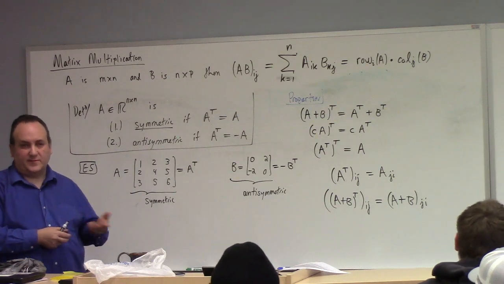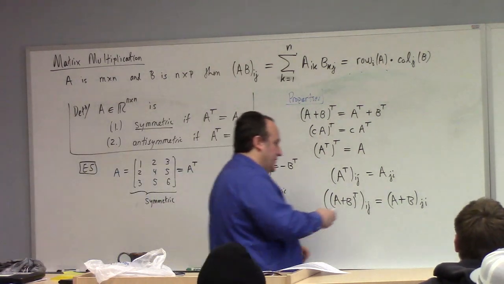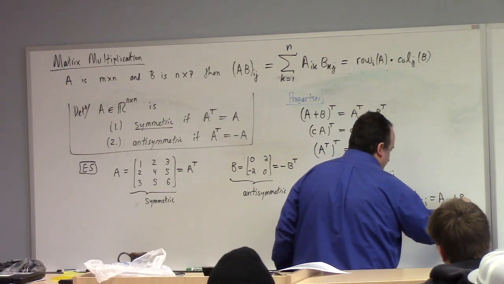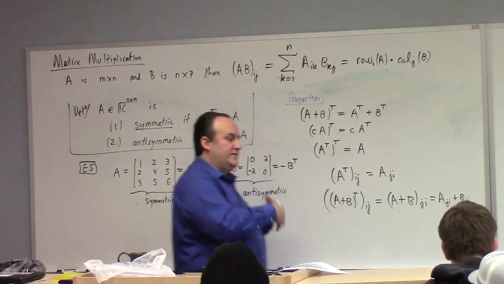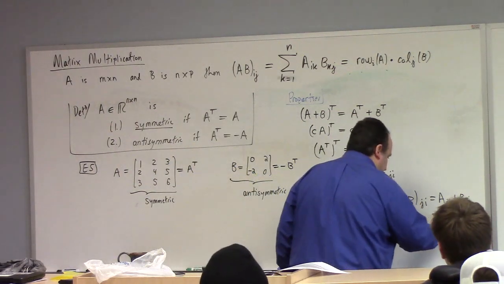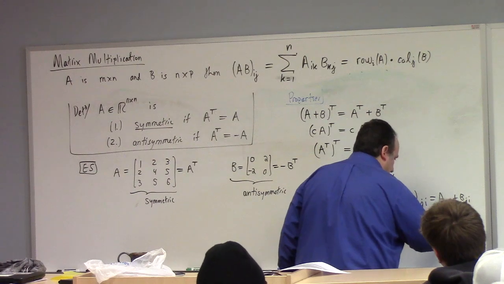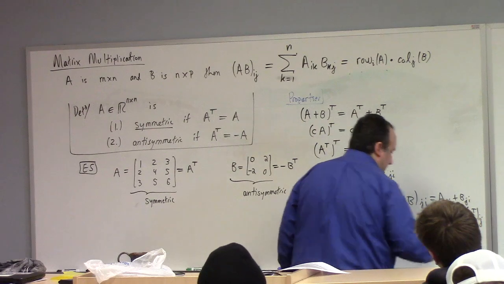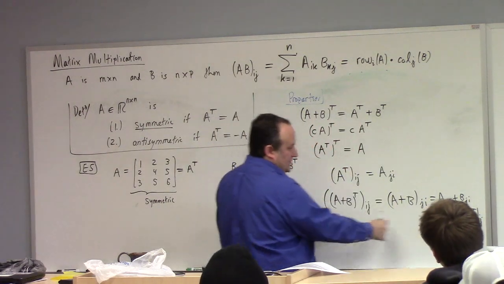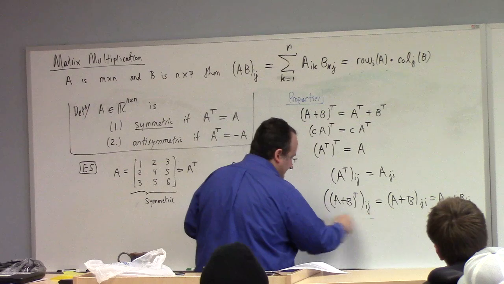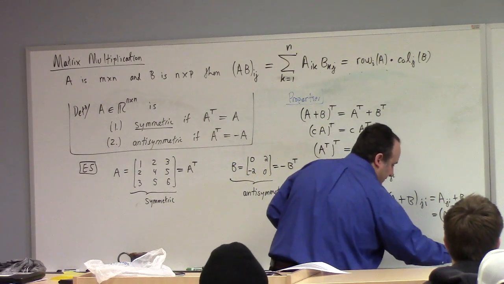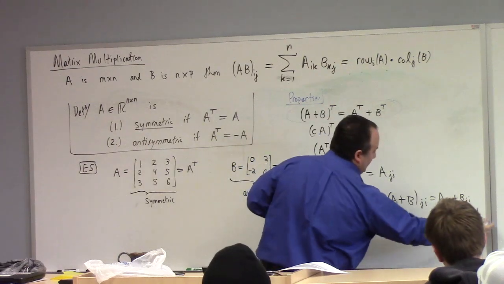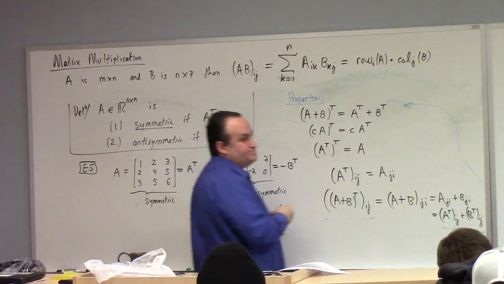The jith component of A plus B is the jith component of A plus the jith component of B. Which then is the ijth component of A transpose plus the ijth component of B transpose, right? So that's how these rules are proved. Since this is equal to that for all ij, it follows that this proves this property here, right?